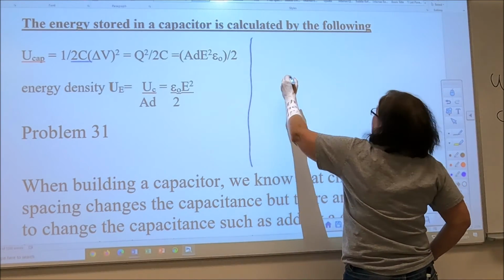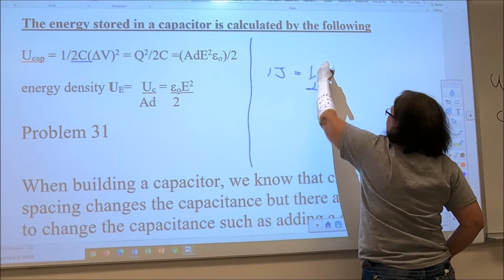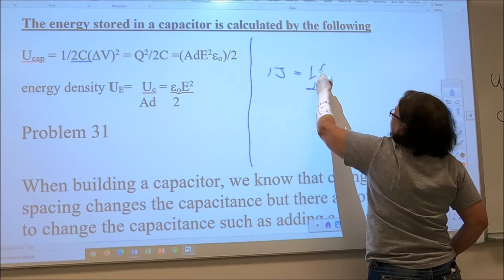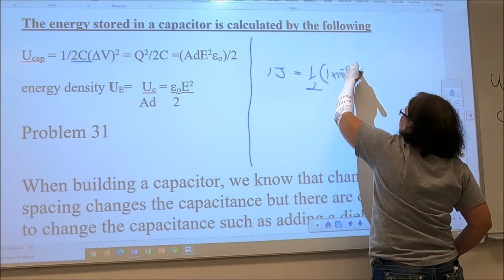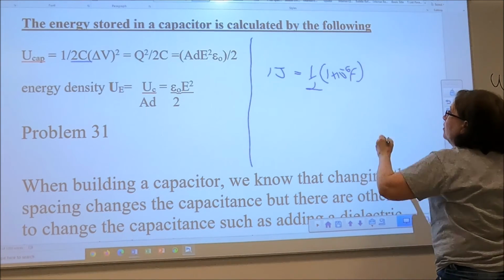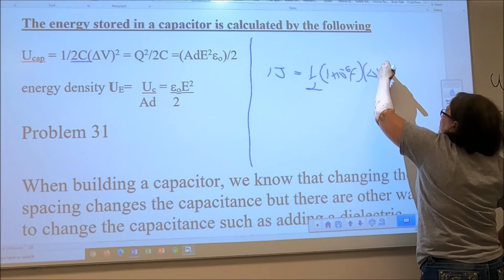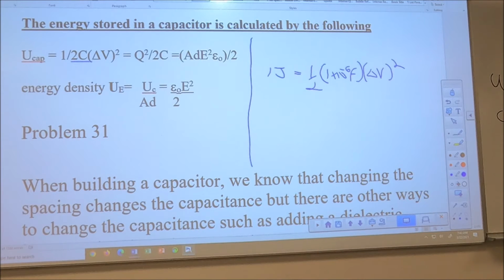So if I plug in, I have 1 joule is equal to 1/2 times the capacitance, which is 1 times 10 to the minus 6 farads, because it was in microfarads, delta V squared. So it's going to be 1 times 2 divided by 1 times 10 to the negative 6.